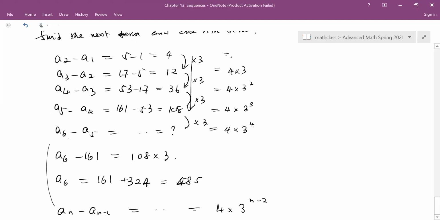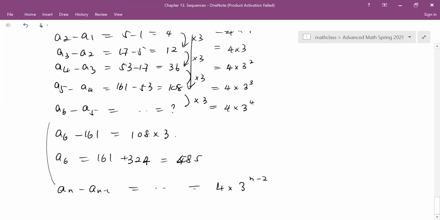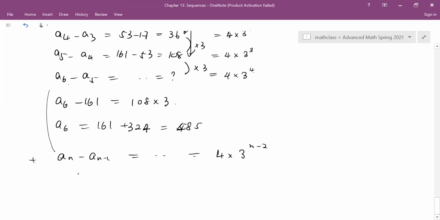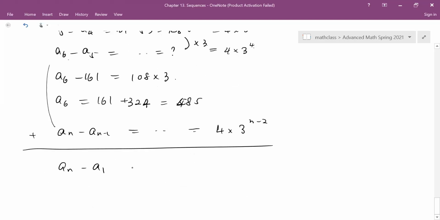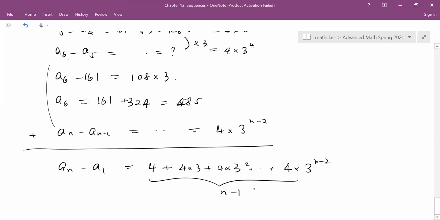If we add all of them together, all the terms in the middle will be canceled out, leaving only the last term and the first term. Here you get 4 plus 4 times 3 plus 4 times 3 squared, and so on, up to 4 times 3 to the n minus 2. How many terms here? This should be n minus 1 terms.